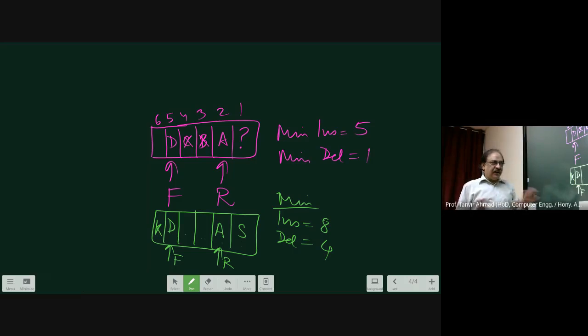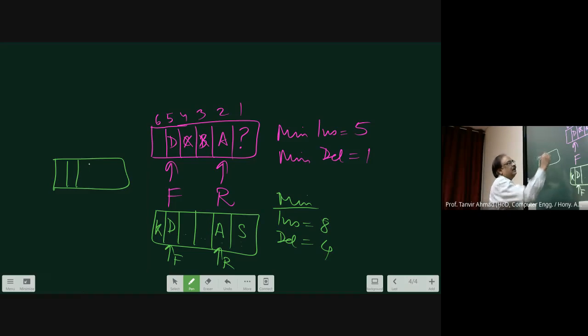Therefore, if you understand this, if I make anything like this, if I am going to write like this, any value over here, if I write say F, and if I write over here R, it's normal Q. Now if I am going to write over here, this is perfectly valid.